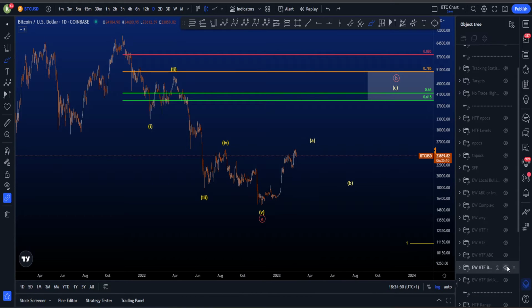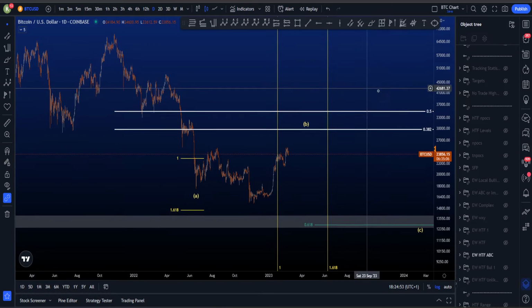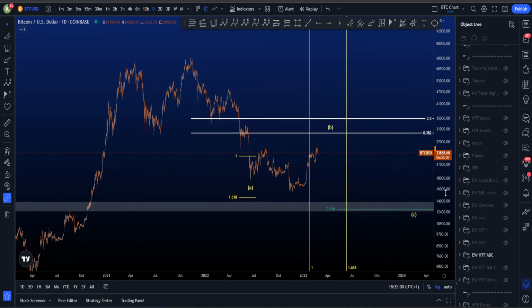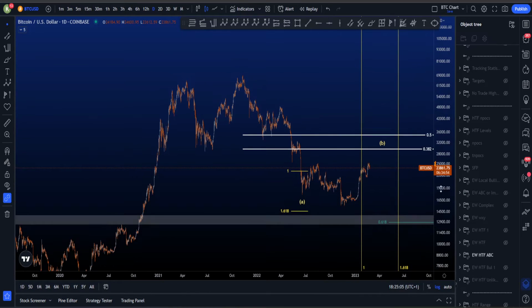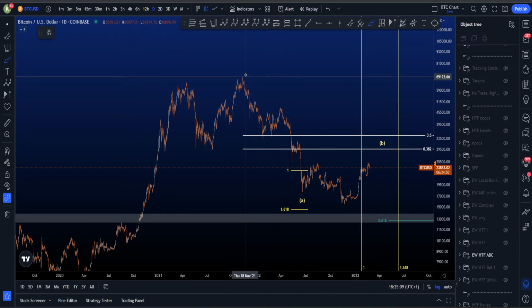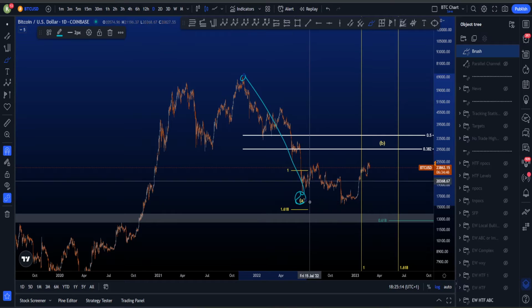Okay, next scenario. And this is the first scenario where I think, hey, this is a likely scenario, but we just don't have enough information just yet. So this is the first scenario for me that is actually quite interesting. So over here, what you see, the yellow fib times are from the high of this wave A, because this now becomes a wave A, as you can see.